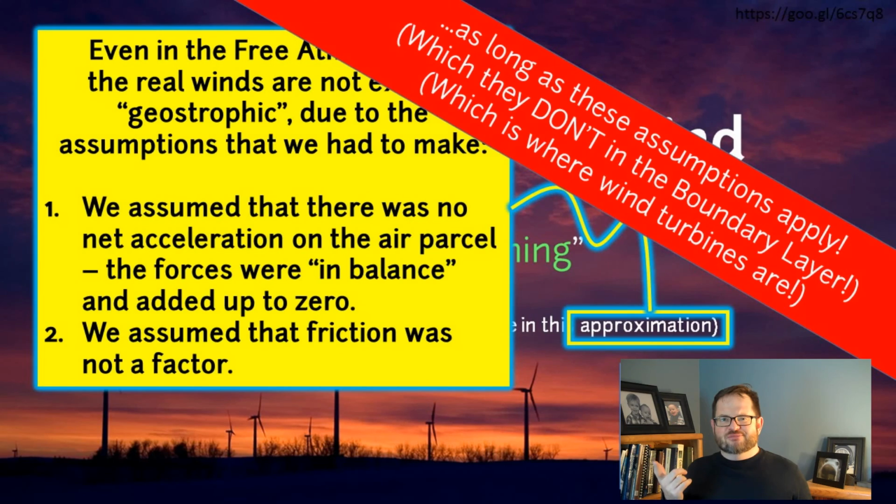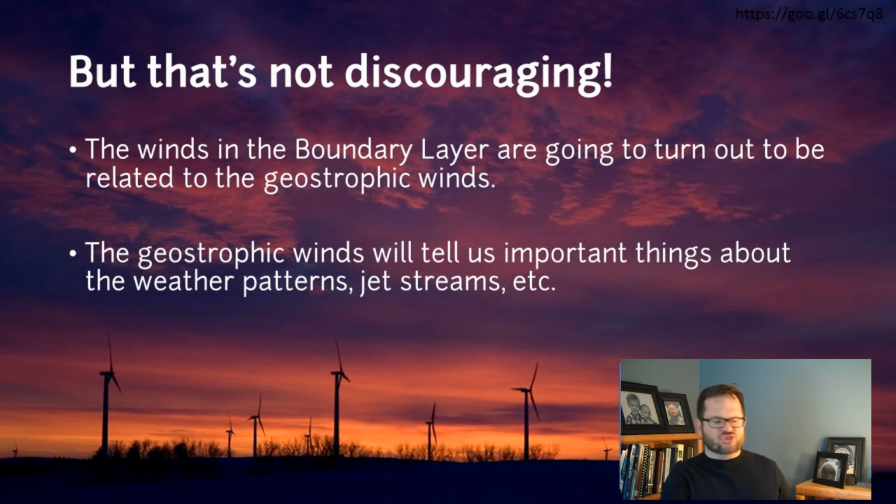Because this is where the wind turbines are. If we're going to learn about wind power, we're not going to get to know that much about geostrophic wind, but don't let that be discouraging, because the winds in the boundary layer are not completely unrelated to geostrophic wind. What we're going to do with our idea of geostrophic wind when we start talking about the boundary layer is start adding friction, and we'll see how that changes all of this.